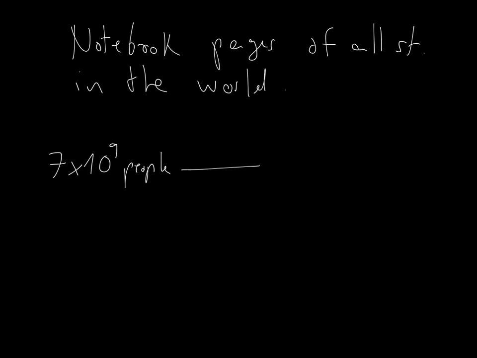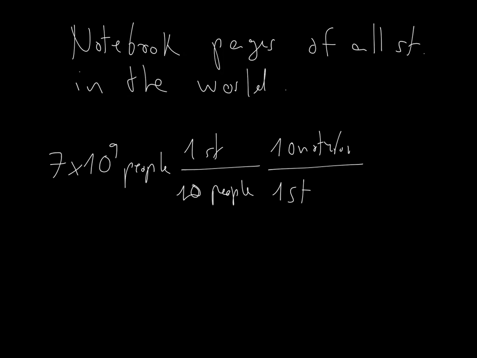Now let's say roughly 1 out of 10 are going to go to school. So for each 10 people, I get 1 student. Now each student will have around 5 to 10 notebooks. Let's just say 10 notebooks. So 1 student, we have 10 notebooks. And then each notebook has around 100 pages.